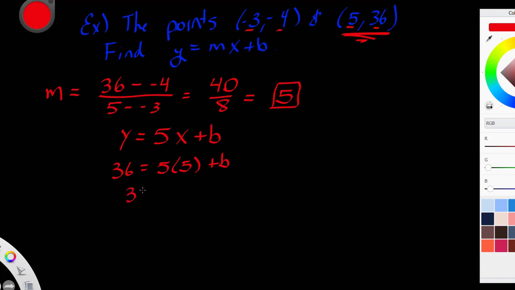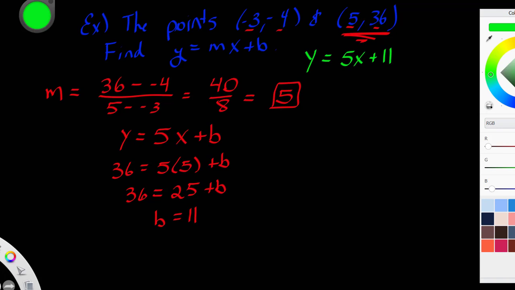That's going to give us 36 equals 25 plus b, which means that b will equal 11. This means that our final answer is y equals 5x plus 11.